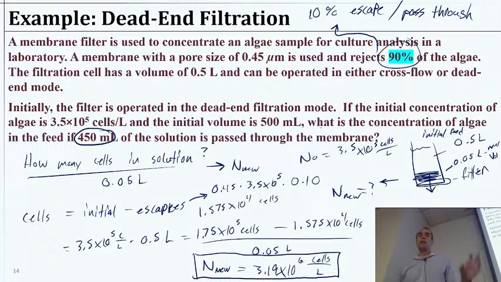So what I did was I took this volume here, that's the initial, well, let me just write it this way. I'll say V initial minus V permeate. So it's the initial amount we had minus what we pushed through the membrane. So it's just the V remaining.